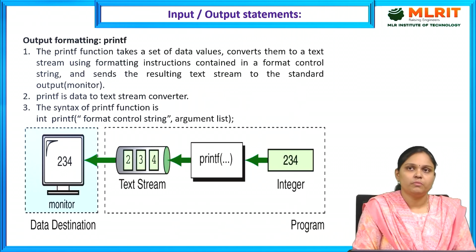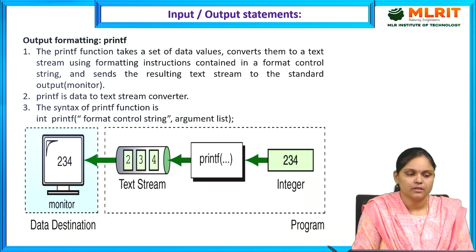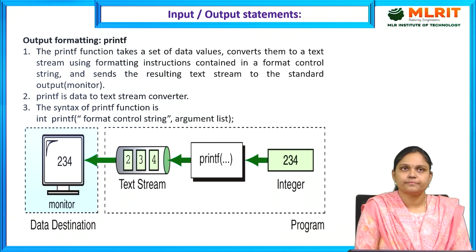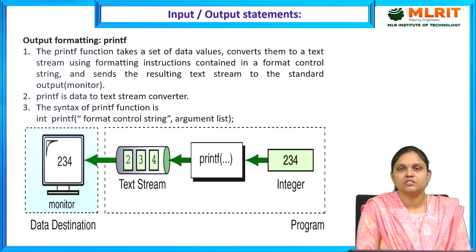Output formatting is printf. Here we have two types of statements: formatted statements and unformatted statements. Printf and scanf come under the formatted statements. Puts, gets, getchar, putchar, all those functions come under the unformatted statements.